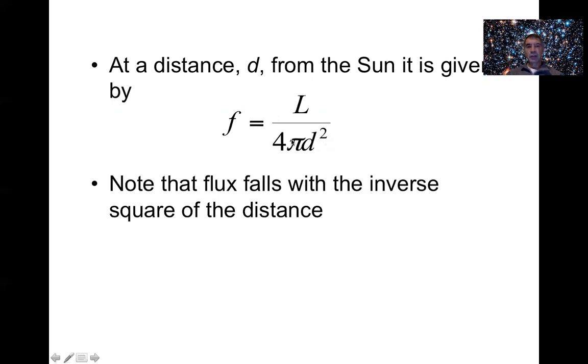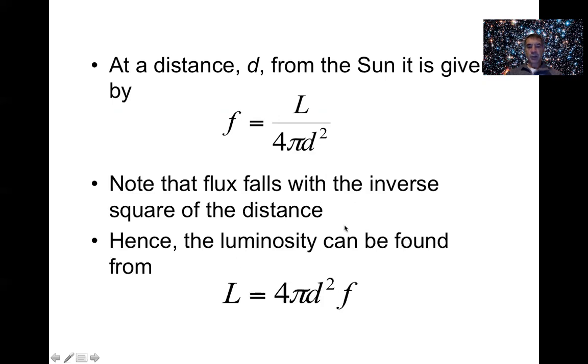And it drops with the inverse square of the distance. So this is a classic inverse square law for the flux of radiation. And we can turn that equation around to make L the subject.